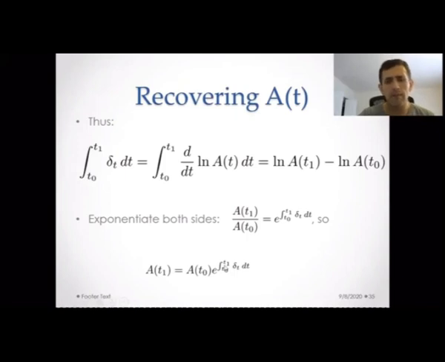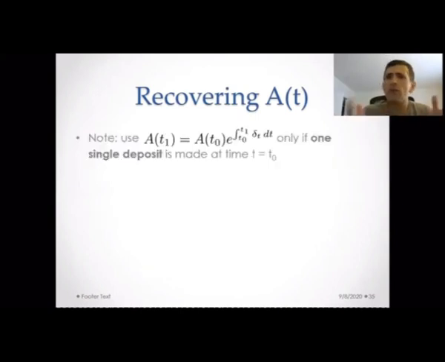Okay. Now, there's a little bit of a caveat here. For a lot of the problems that we're going to see, for the exam FM problems, it's sometimes a little murky exactly when this formula is true. A good rule of thumb is you use this formula only if one single deposit is made at some time t0.